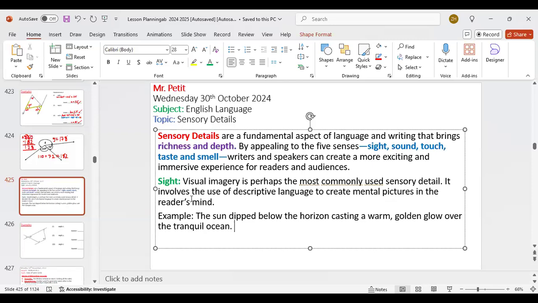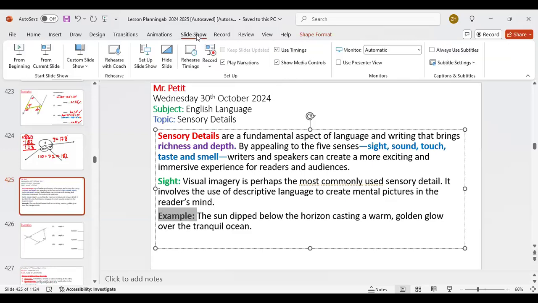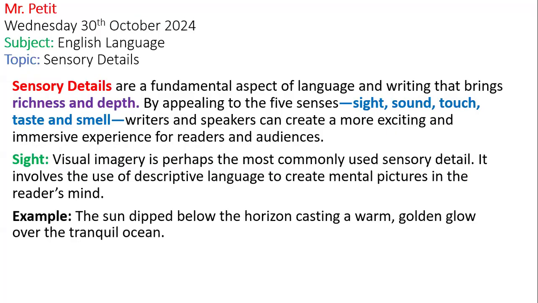How does that sound? Let me read it again. The sun dipped below the horizon, casting a warm golden glow over the tranquil ocean. What is that describing there? Sunset. What is being described? A sunset, right? A sunset.